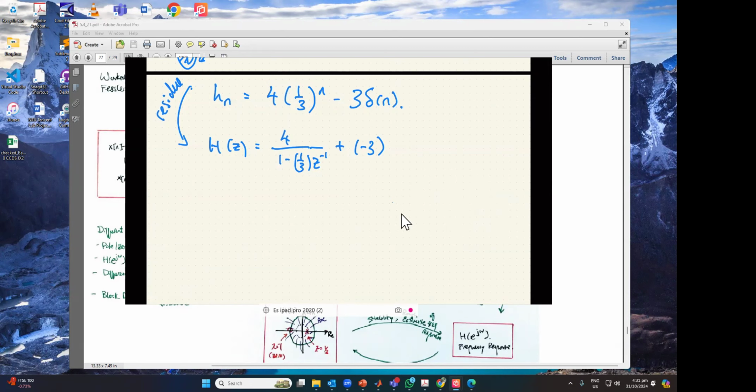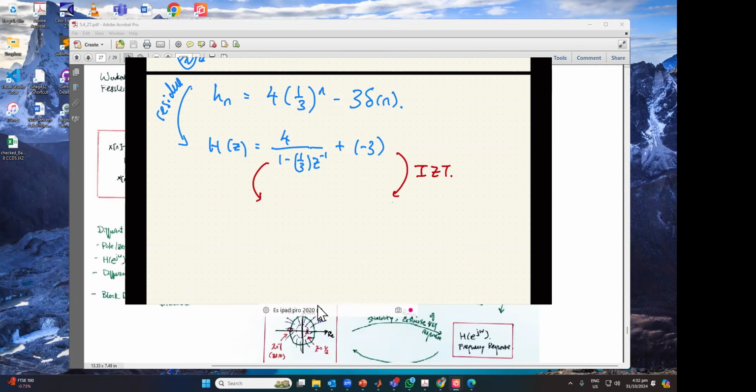So what do we do for the partial fraction? Inverse Z transform. Inverse Z transform of minus 3 becomes minus 3 delta n. Someone says they don't have residuez.